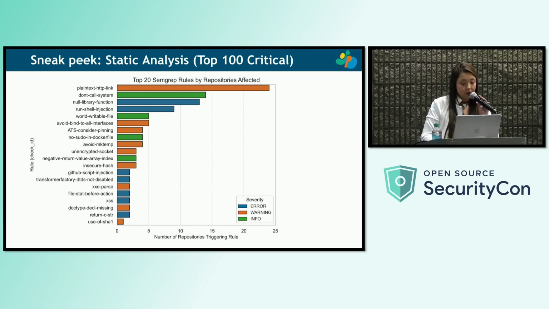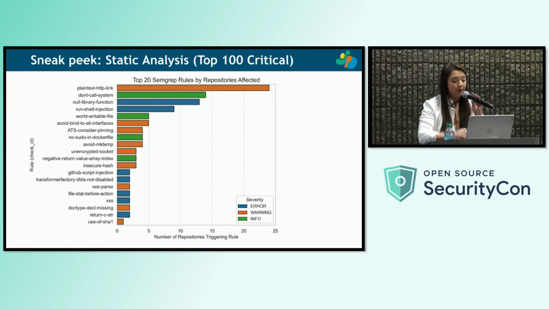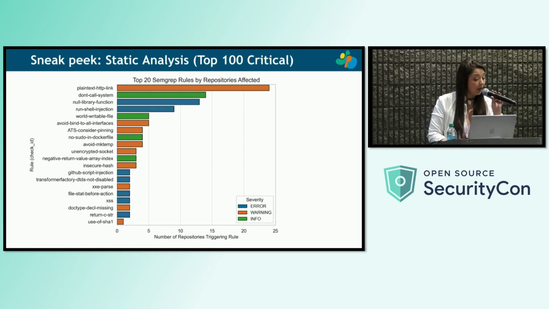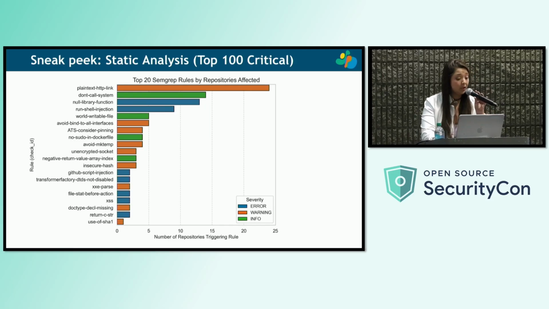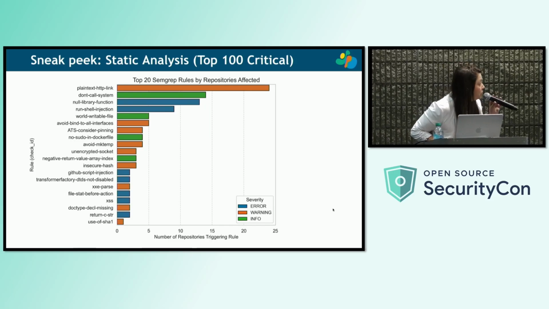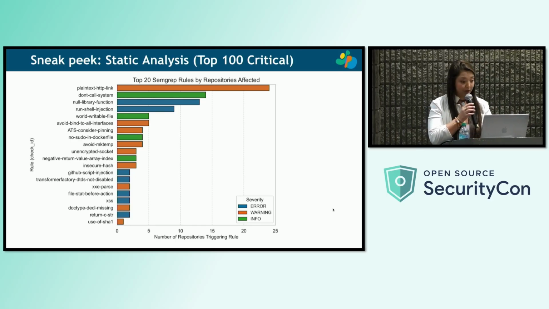And then the other two, which I think are interesting in terms of the highest severity, are null library function and run shell injection. So shell injection specifically in GitHub Actions, and null library function using variables without verifying their null values.